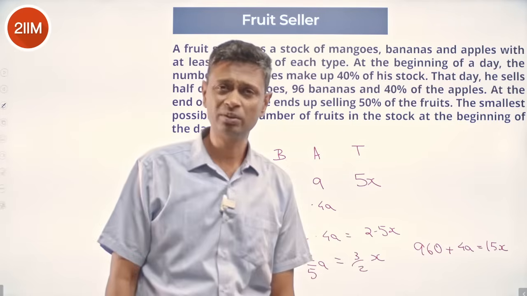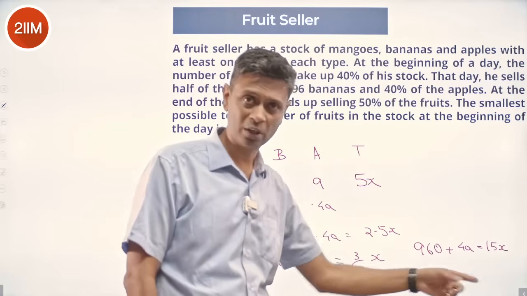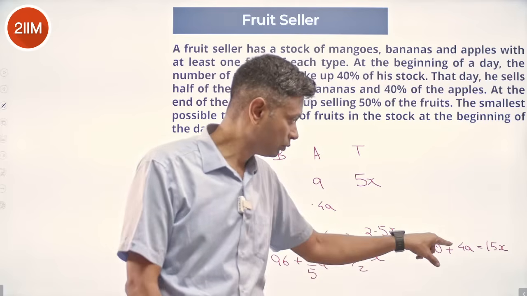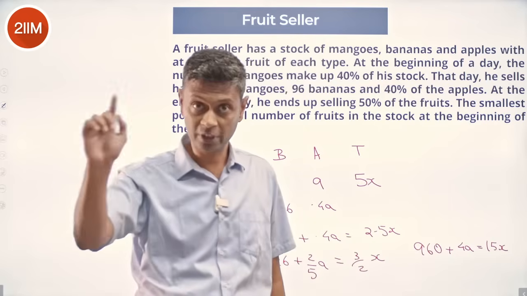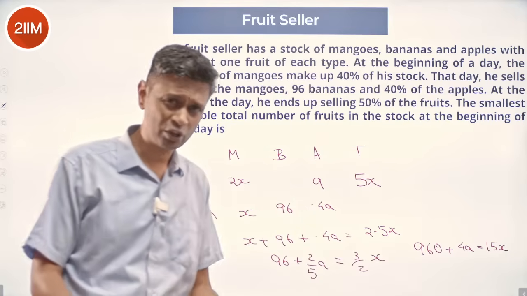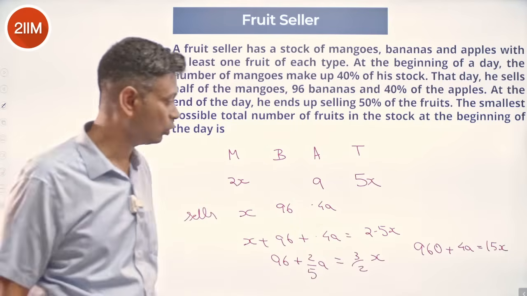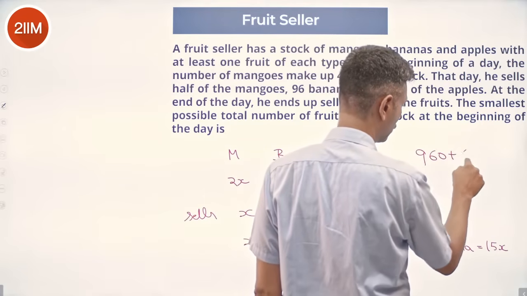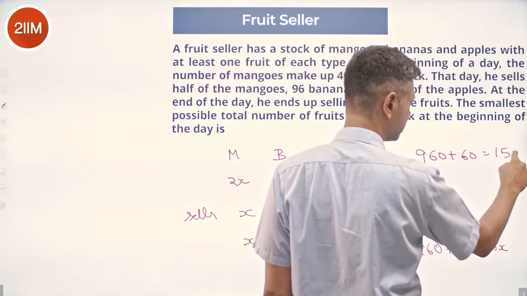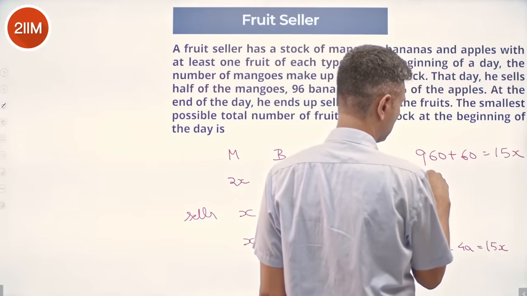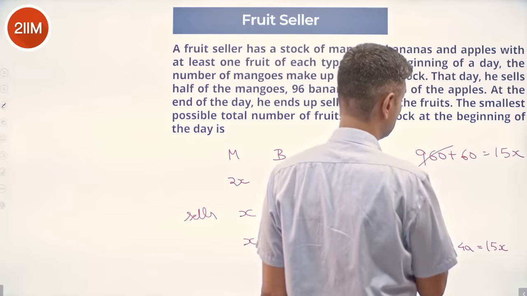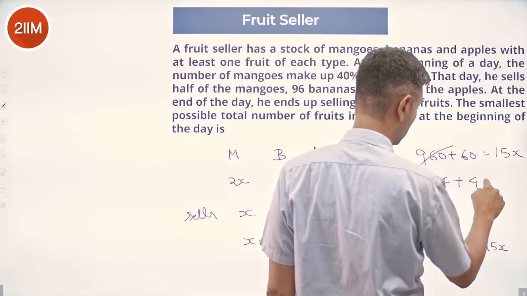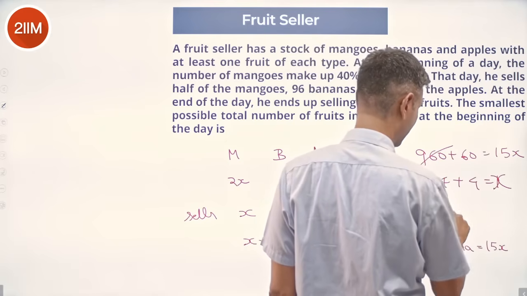Nice. So if A were 0, this works. 960 is a multiple of 15, it's a multiple of 3, it's a multiple of 5. Now, 4A has to be a multiple of 15 in order for this to get satisfied. The smallest possible value is put A equal to 15. 960 plus 60 equals 15x. 960 by 15, let's do 64 plus 4 equals x, or x is 68.